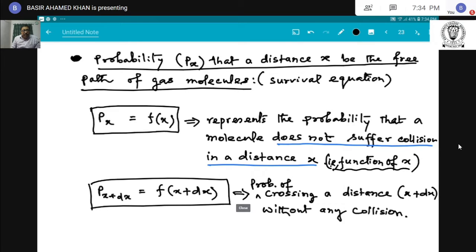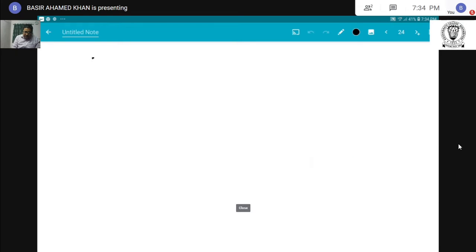Now, mind that if lambda is the mean free path, then the probability of occurring a collision in the path dx is dx by lambda.